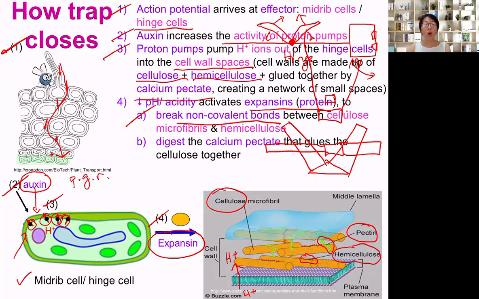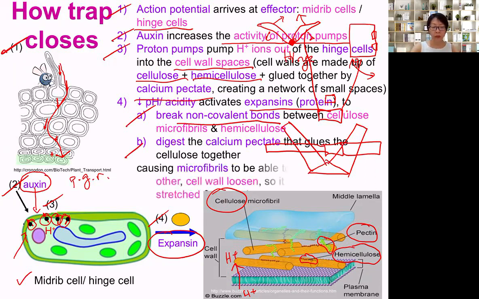So they cut away all the bonds between cellulose, hemicellulose, and pectin. So the cellulose fibers are no longer held together. The moment they are not held together, they are free to move already.